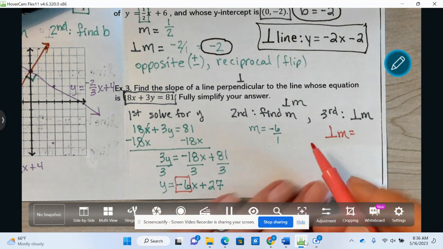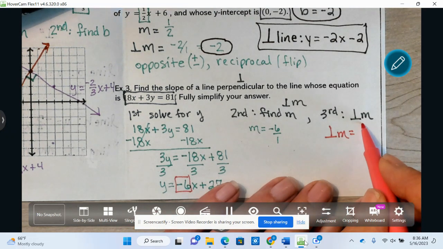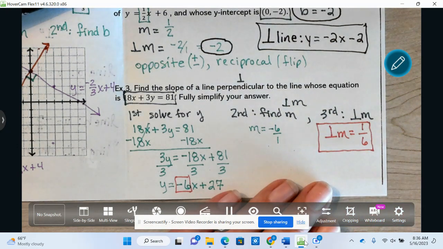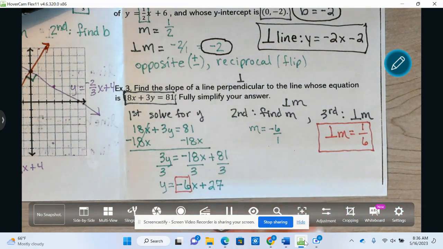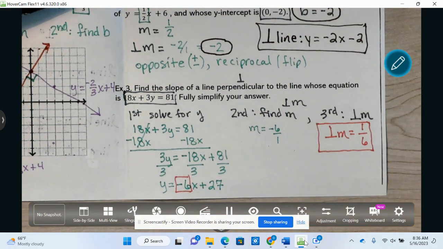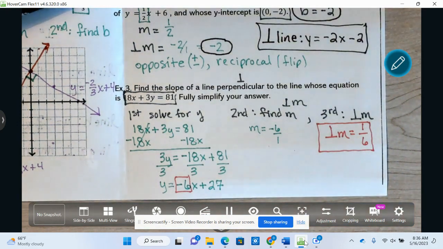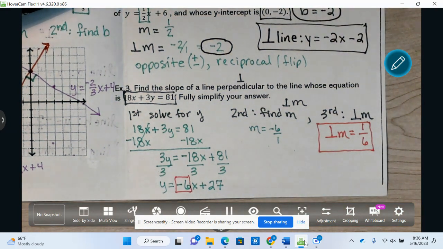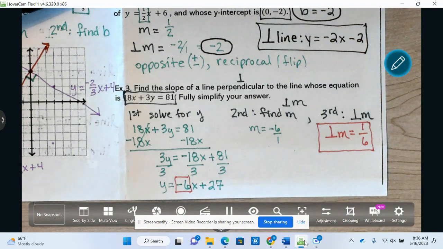And what's the reciprocal of 6/1? Perpendicular slope. What do you think? Do you guys feel okay about that? Okay.